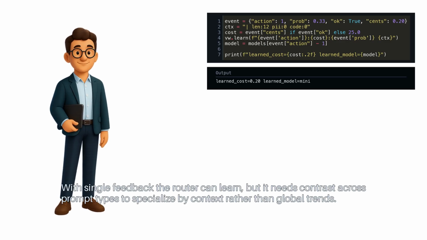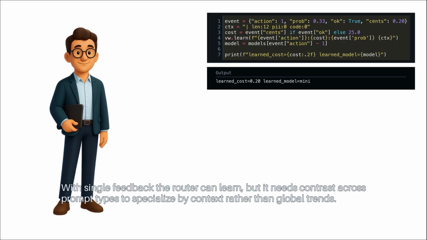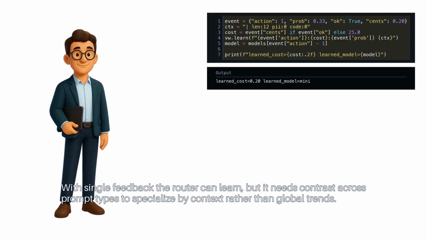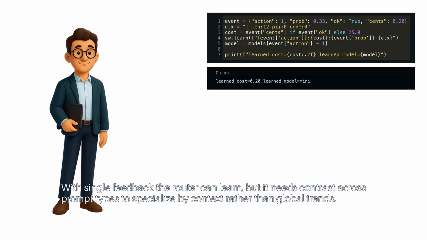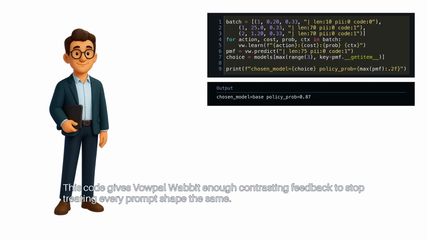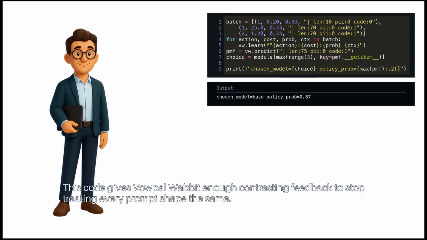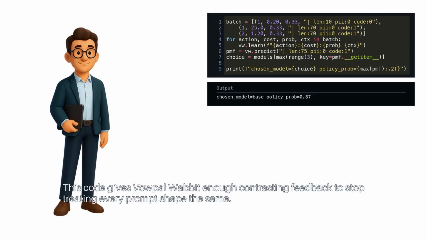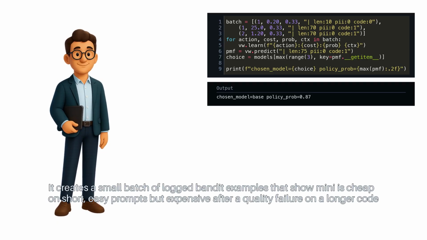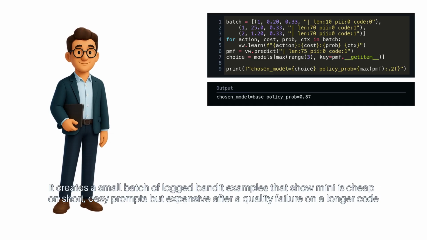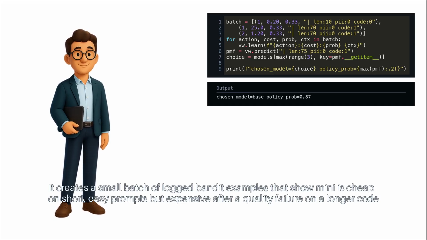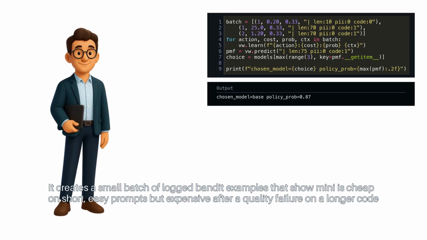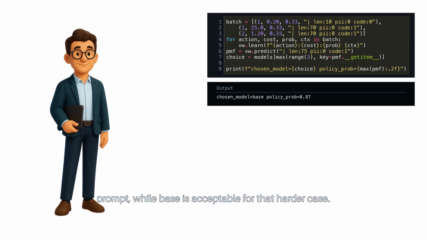With single feedback, the router can learn, but it needs contrast across prompt types to specialize by context rather than global trends. This code gives Vowpal Wabbit enough contrasting feedback to stop treating every prompt shape the same. It creates a small batch of logged bandit examples that show mini is cheap on short, easy prompts, but expensive after a quality failure on a longer code prompt, while base is acceptable for that harder case.